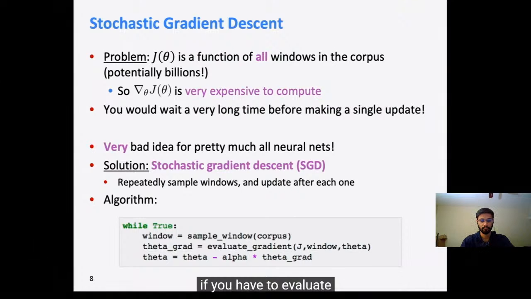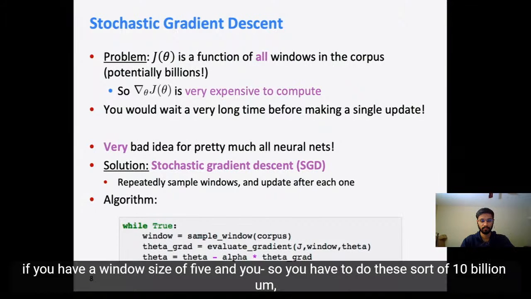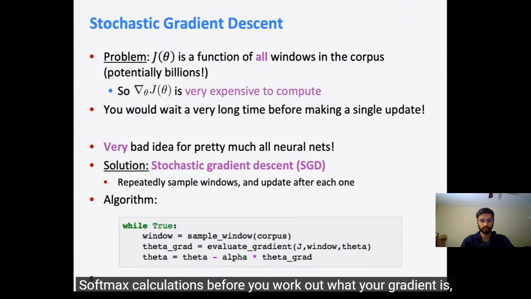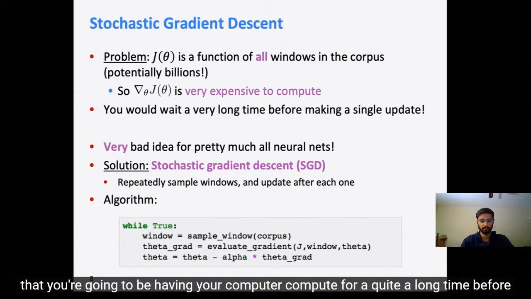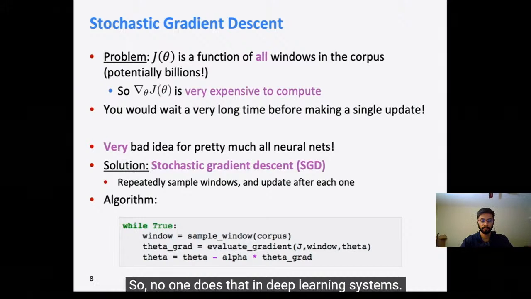So if you have to evaluate a billion center words, and maybe then for each, 10 billion context words if you have a window size of 5, you have to do these 10 billion softmax calculations before you work out what your gradient is. You're going to have your computer compute for quite a long time before you make one little step in the gradient, and so things are going to go so slowly. So no one does that in deep learning systems.